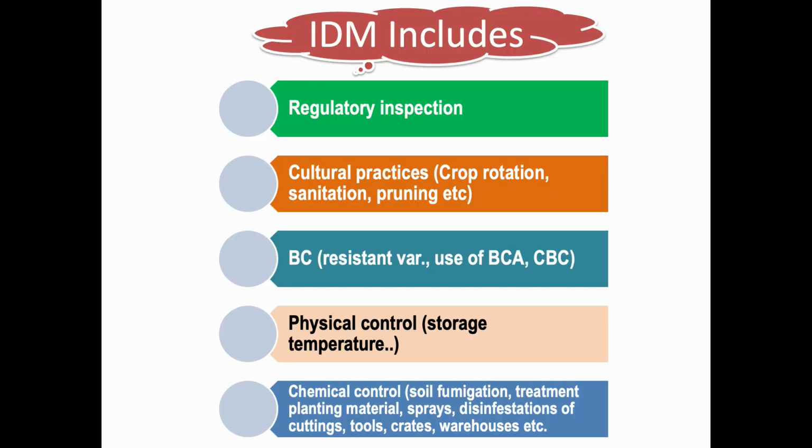IDM includes regulatory inspection, cultural practices like crop rotation, sanitation, pruning, and many more. Then biocontrol, which includes use of resistant varieties, use of fungal, bacterial or viral biocontrol agents, then use of classical biological control agents, then physical control.